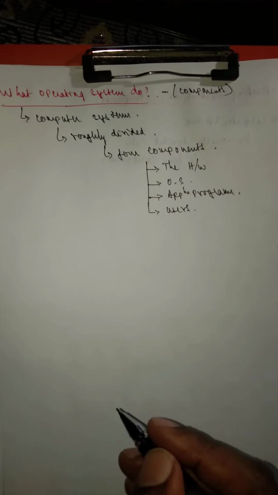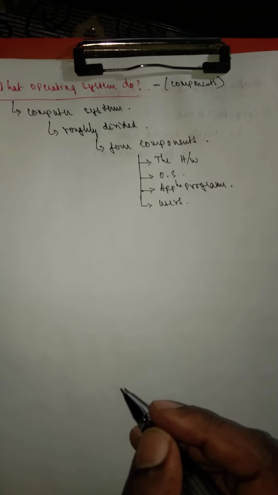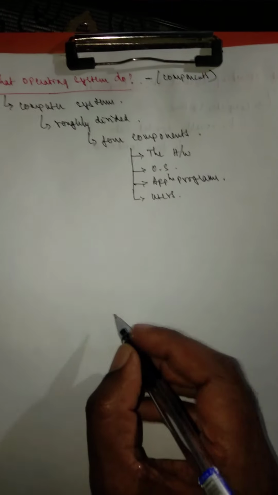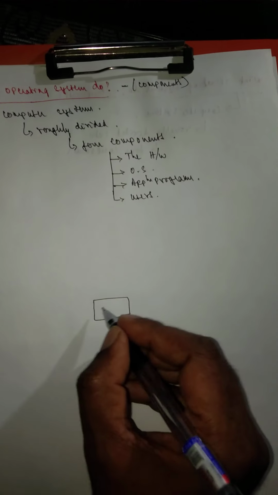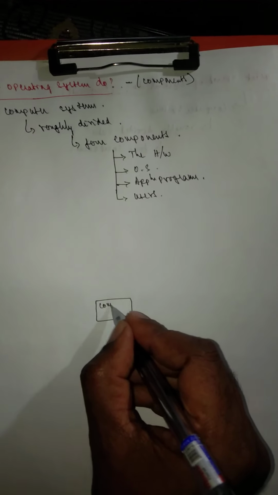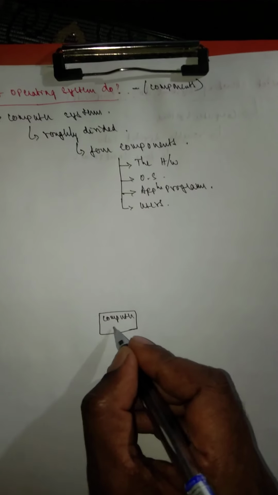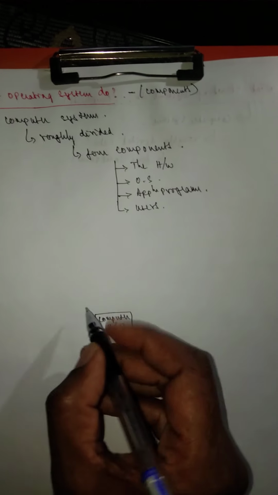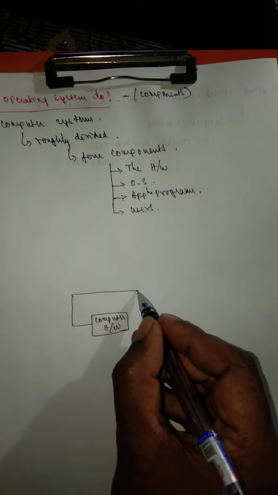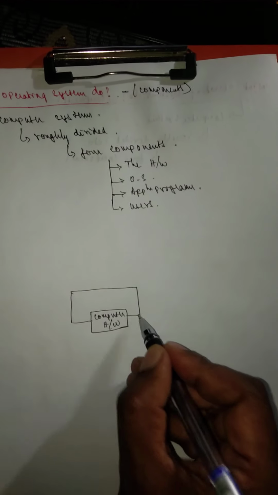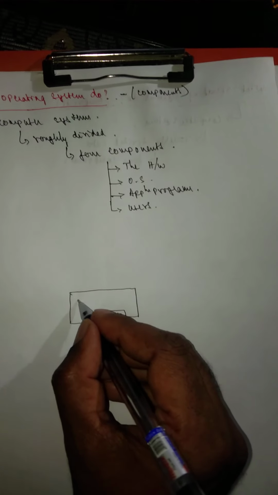Now we'll be looking into the abstract view of the operating system or the components of the computer system. So here you will be having what is called as computer hardware. Above this you will be having what is called as operating system.